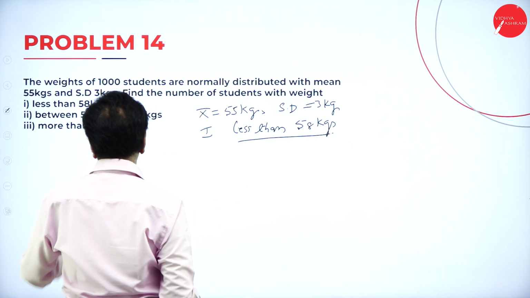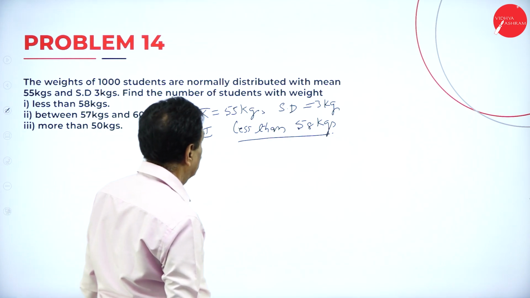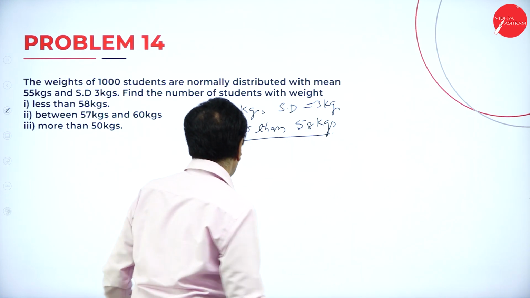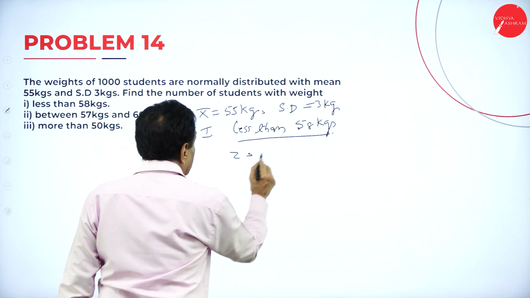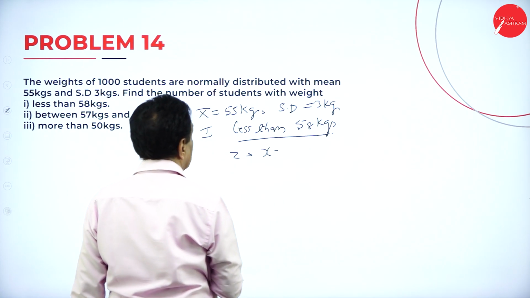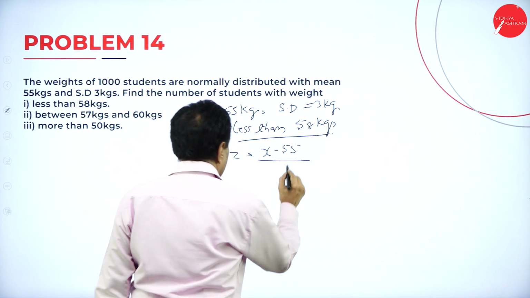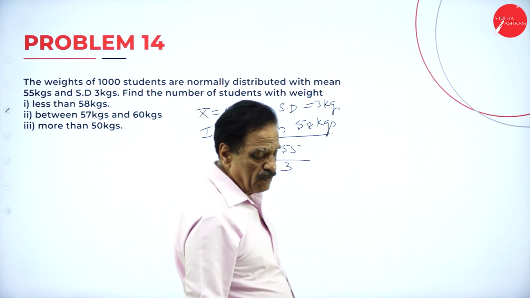Here, first is 58 kgs. Z is equal to x minus mean, 55, divided by 3. This is what they have given.